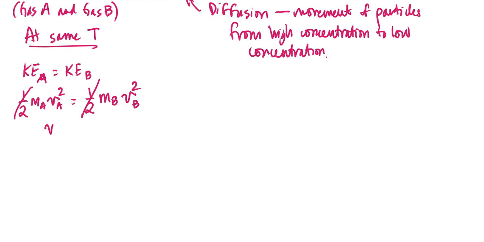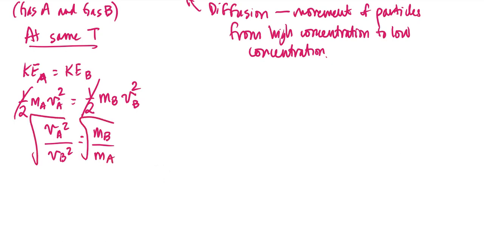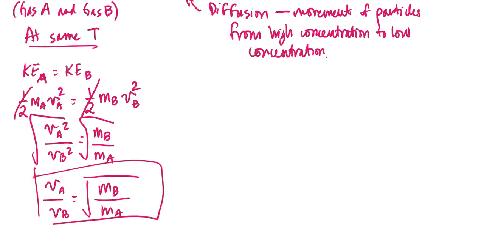So the velocity of A squared divided by the velocity of B squared is equal to the mass of B over the mass of A. If I take the square root of both sides, then the velocity of A over the velocity of B is equal to the square root of the mass of particle B over the mass of particle A. And this expression right here is what we know as Graham's Law of Diffusion.